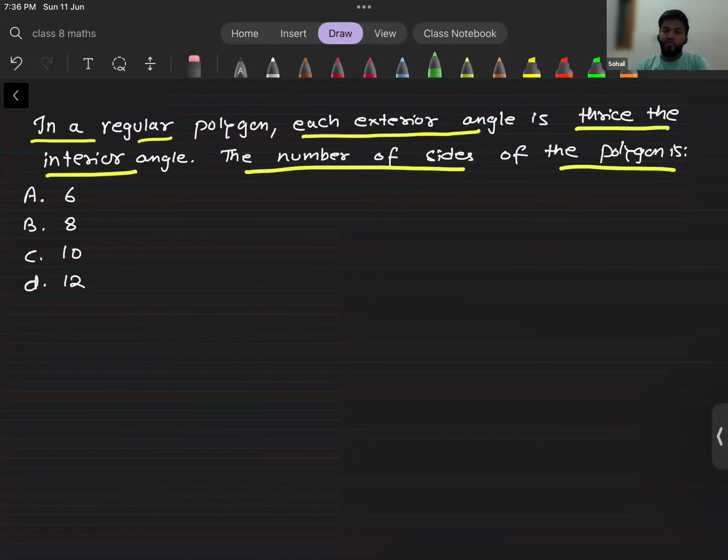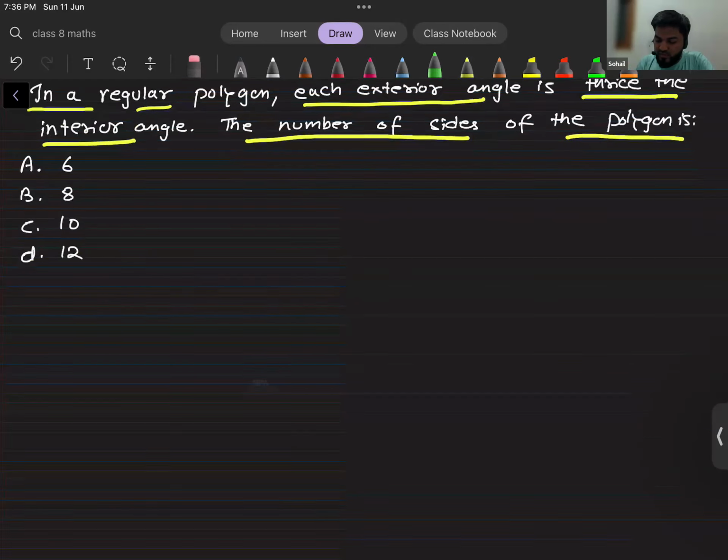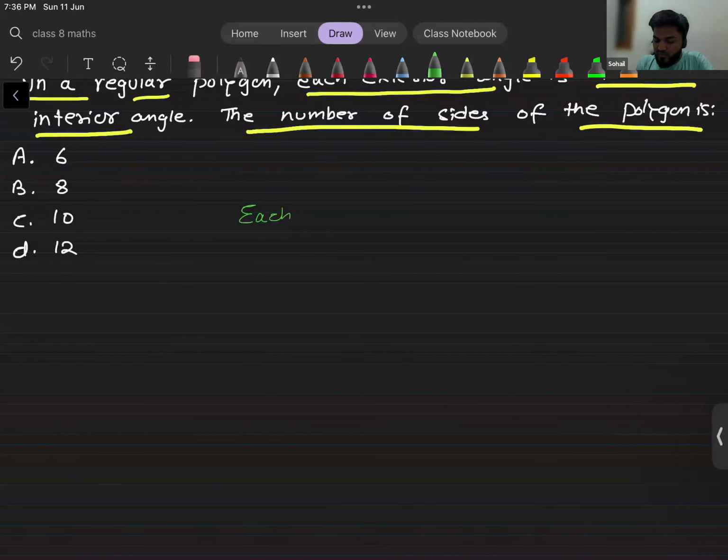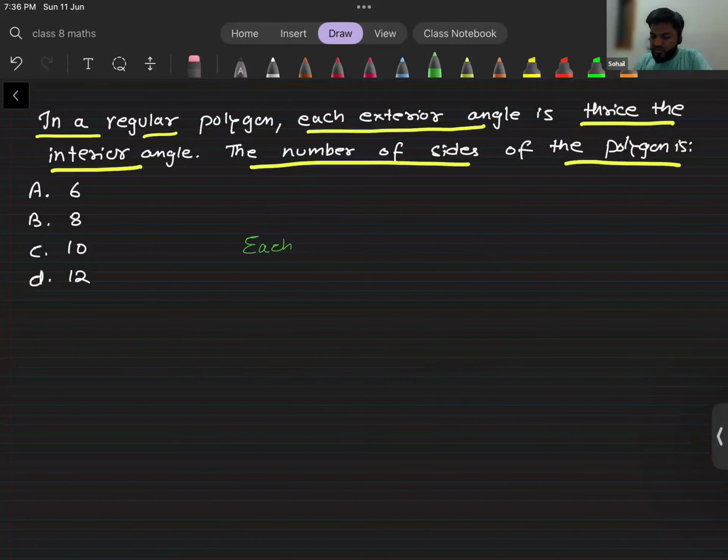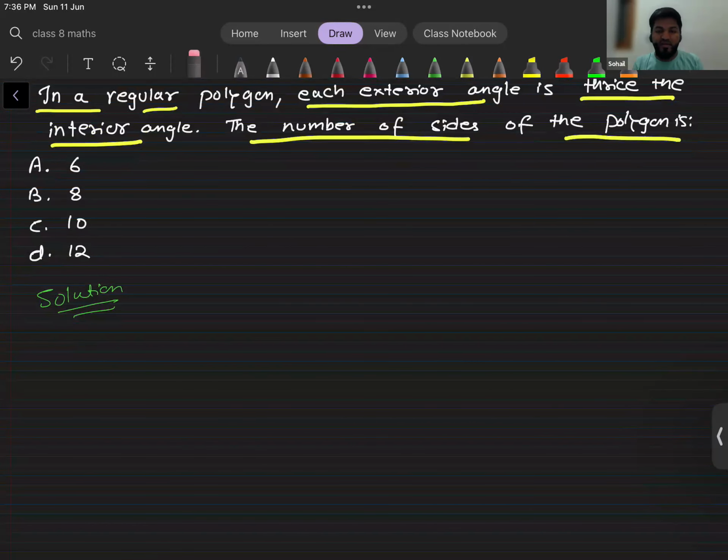How are we going to approach this question? Since we don't know the polygon, one thing we know is that each exterior angle, the question says, is thrice the interior angle.